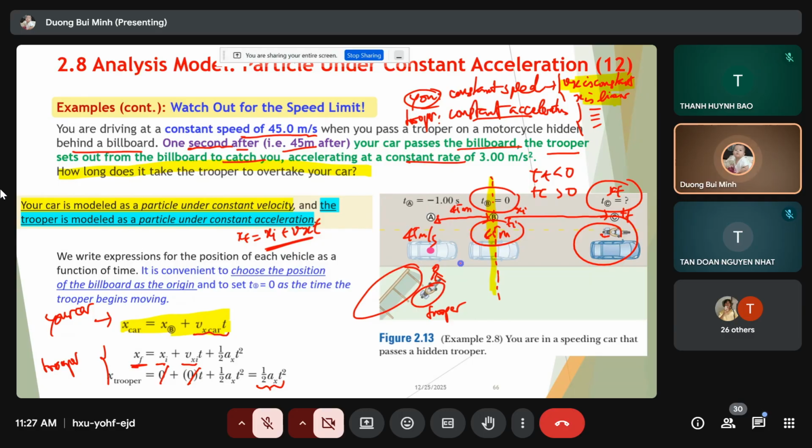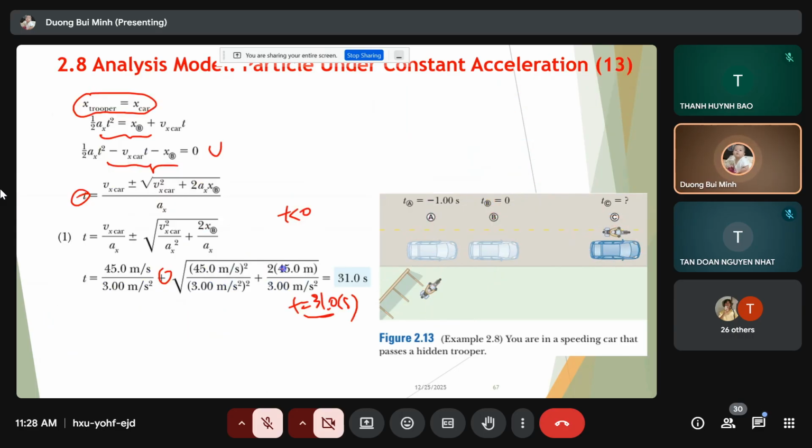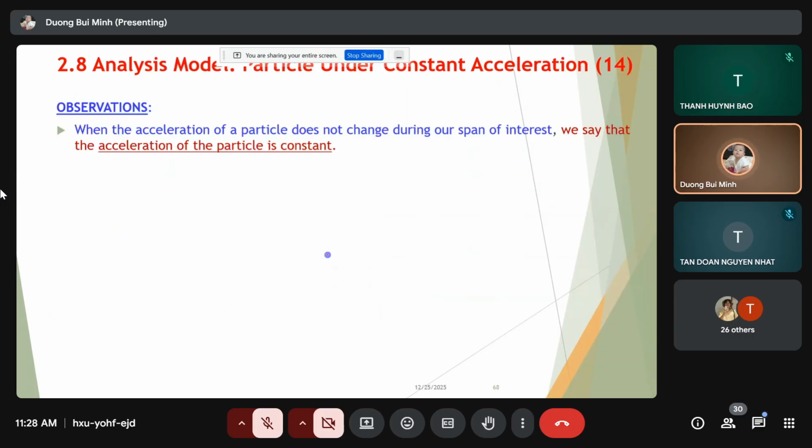When we consider the time tb, we have xb, but xb is not 0, because we need to make sure the car and the dropper have the same starting point, right? So xb must be 45 meters, and then you can add here xb is 45 meters. Yeah, you can get the answer.